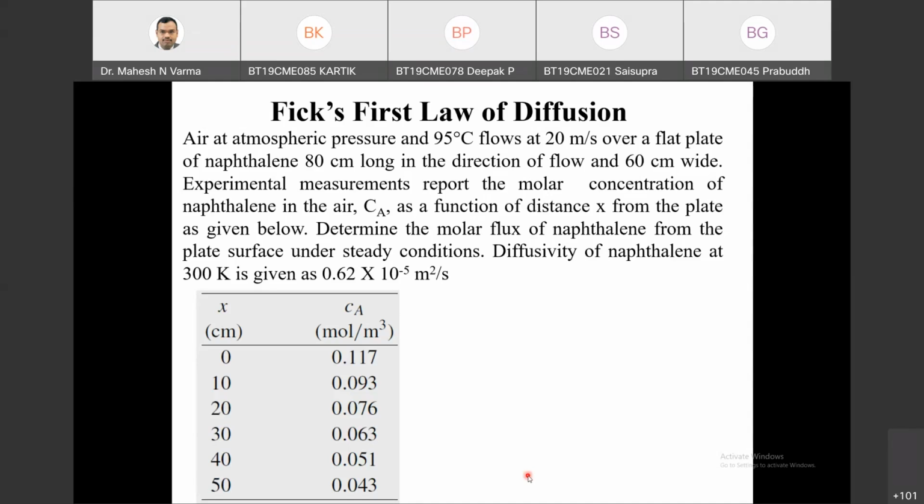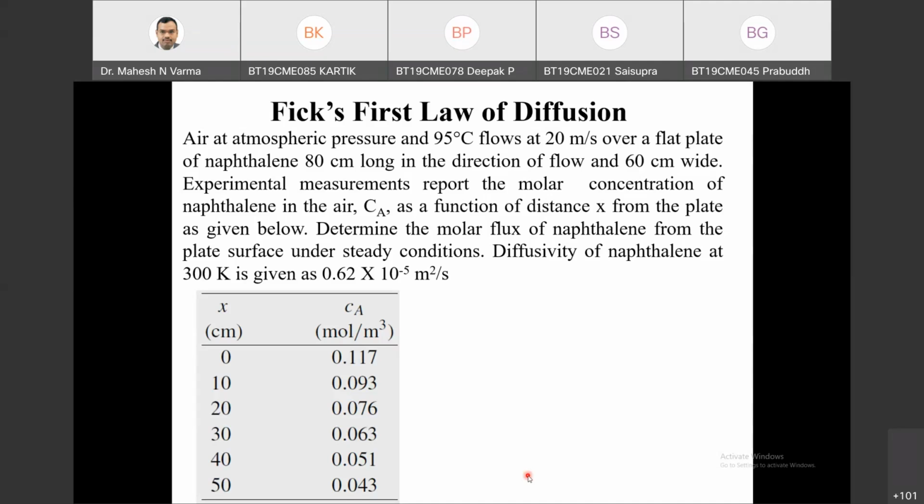No, that is what you are making a mistake. This is a major mistake, because I was telling you so many times, diffusivity is very sensitive to temperature and pressure. You can see diffusivity is given at 300 Kelvin, and I will be doing the calculation at 95 degrees Celsius. So 95 degrees Celsius means how many Kelvin? 273 plus 95, it's 388, sir.